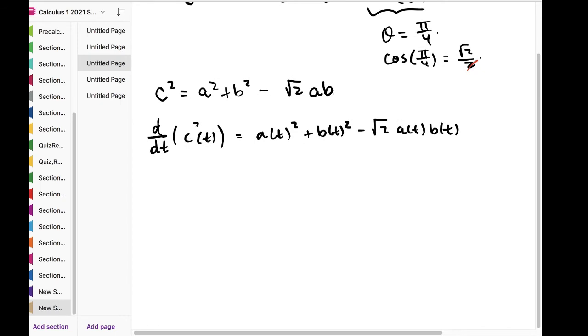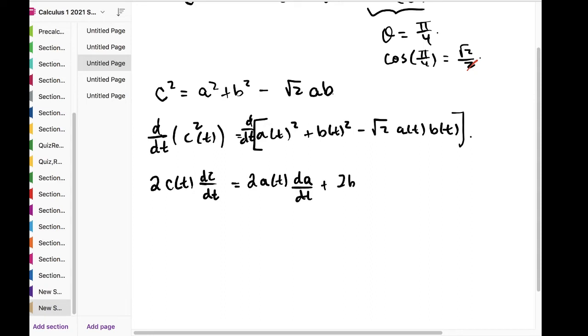Oh, there's a squared here. Yep, 2c c prime, 2c of t dc dt. So similarly, 2a of t, a prime of t, dA dt, plus 2b of t, dB dt.